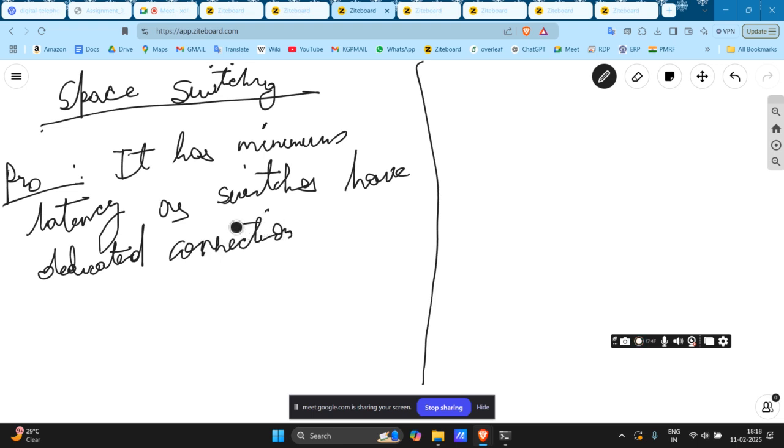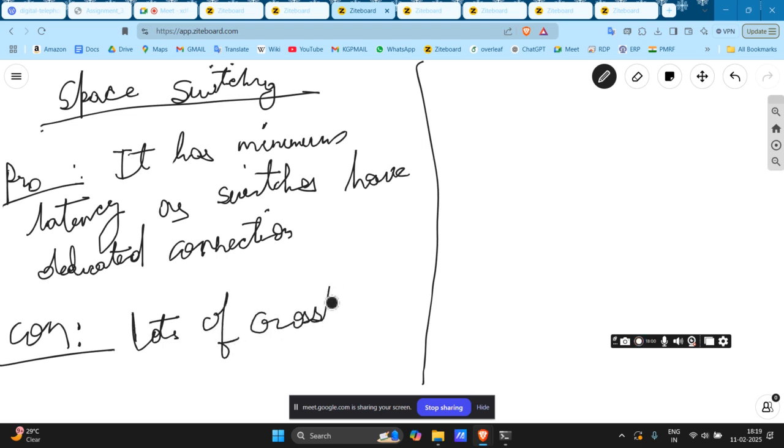Now, what is the disadvantage or con? Con is that lots of cross points need to be made. Exactly how many? Lots is not a very scientific word. So exactly how many? N into M.